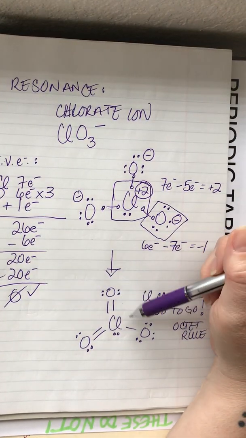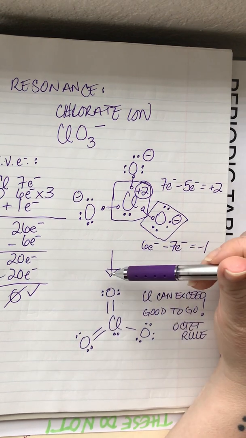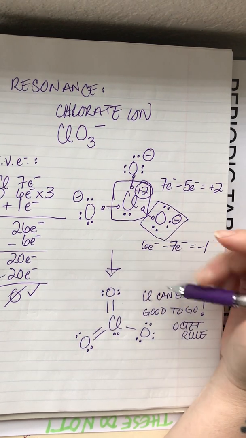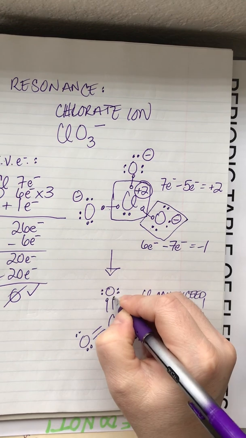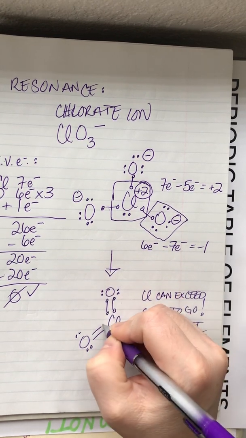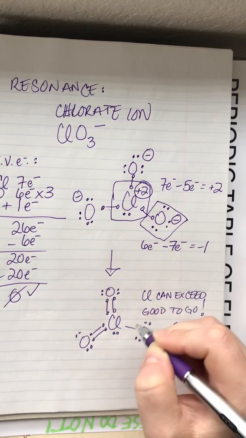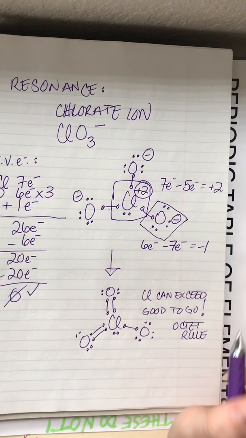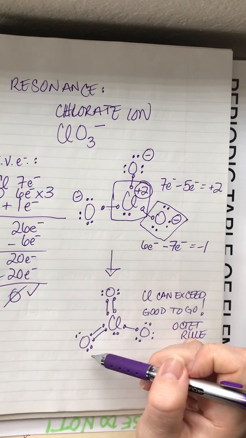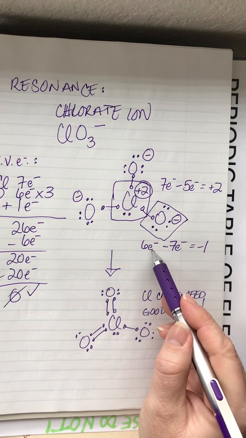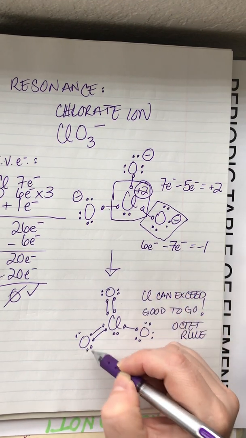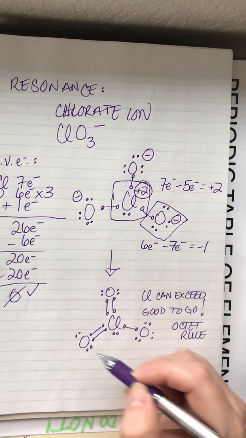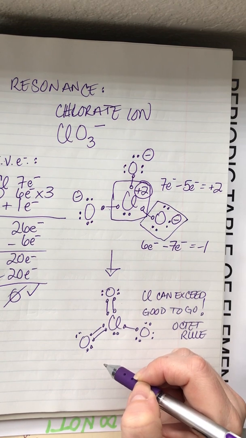So we have to check the formal charges again. Double check and make sure that our formal charges are good to go. So here, oxygen came to the table with 6 electrons, and we have 1, 2, 3, 4, 5, 6 electrons directly around it, so no formal charge there.